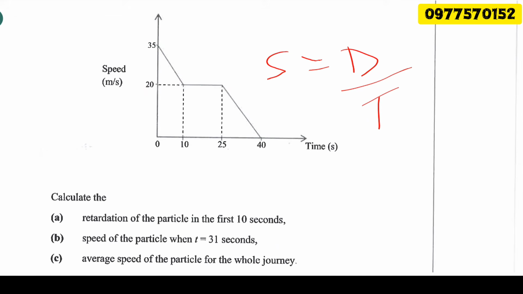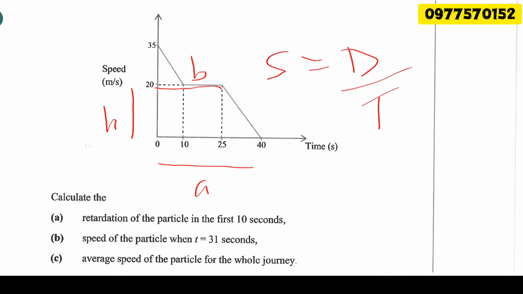So let's calculate. Now, this is the trapezium. So we can say this is our A, the top part here our B, and then this is our H, our height.